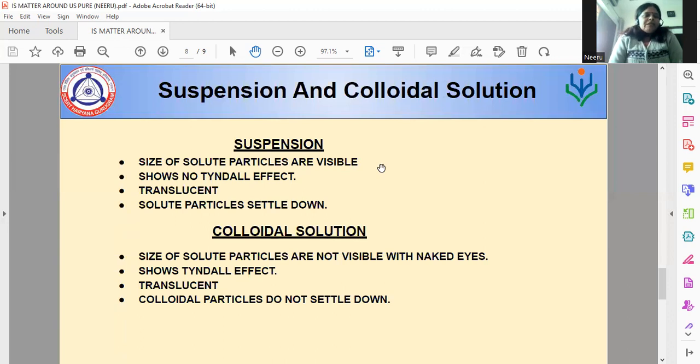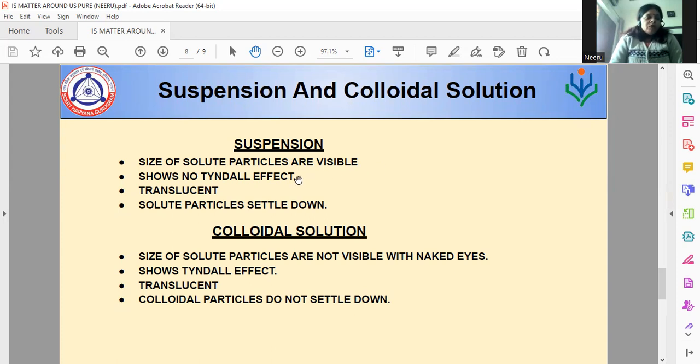Suspension is usually where solute particles are visible, like a sand and water mixture. After placing it for some time, the solute particles will settle down, like sand settles at the bottom. And we can still see some minute particles above, in the water also. So where solute particles settle down, it is called a suspension.